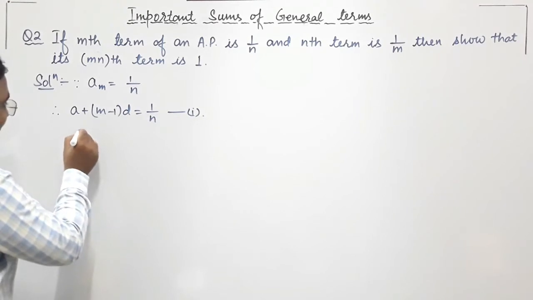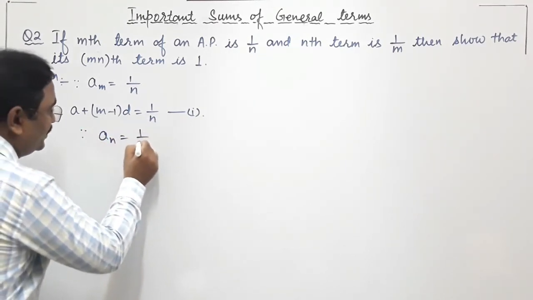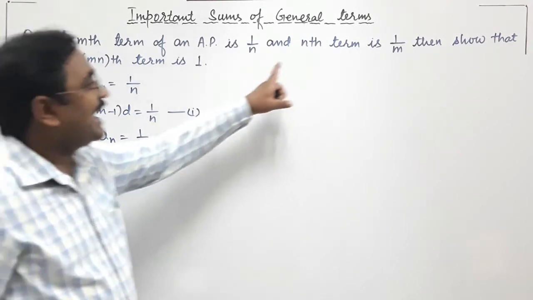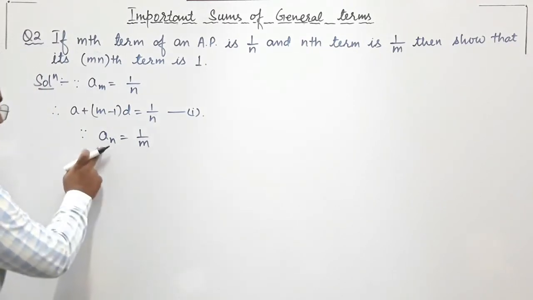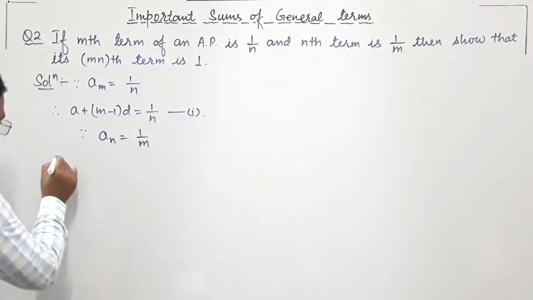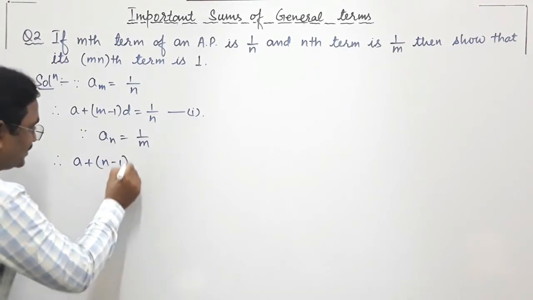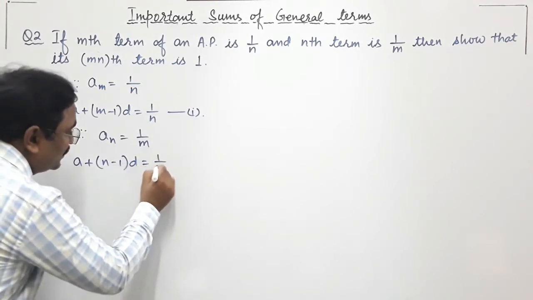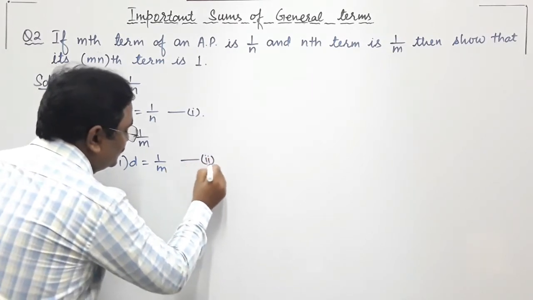Now second is given what? The nth term is 1 upon m. It means this nth term can be written as a plus n minus 1 into d is equal to 1 upon m. This is equation number 2.